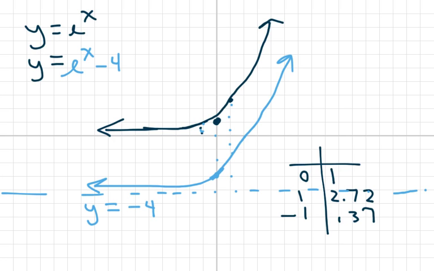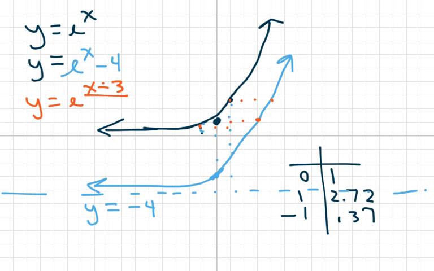And then if you want to do a horizontal shift, let's do that in red. Let's go this way this time. So we're going to do x minus 3. That means that's a horizontal shift to the right by 3. So from here you're just going over 1, 2, 3. From here you're going over 1, 2, 3. And from here you're going over 1, 2, 3.